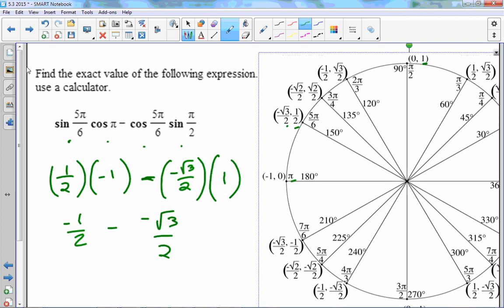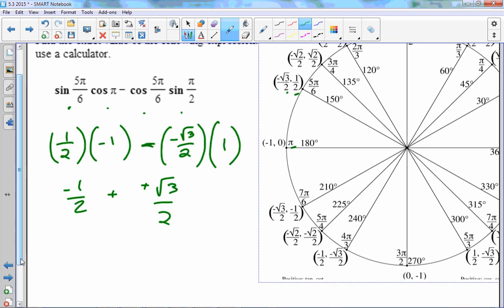Is that okay so far? Now instead of minus and negative, we just say plus a positive. And now what they want you to do, I don't know if they'll actually take it like that or not. I would write it this way. I know it'll take it this way. Since both denominators are 2, you just write it as a common denominator. So negative 1 plus square root of 3 over 2.